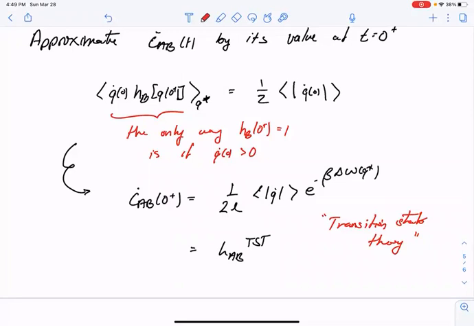Theoretically, this was first motivated by Eyring and Eugene Wigner, both at Princeton at the time. Eyring was in the chemistry department thinking about actual molecular processes, and Wigner was thinking about approximate dynamics, approximate theories of quantum dynamics.